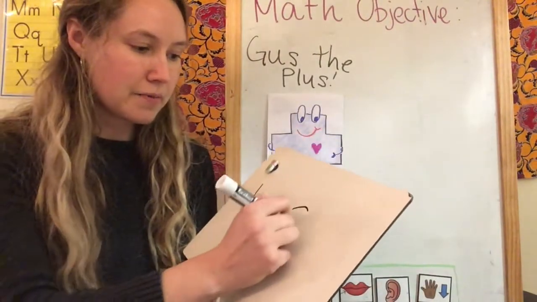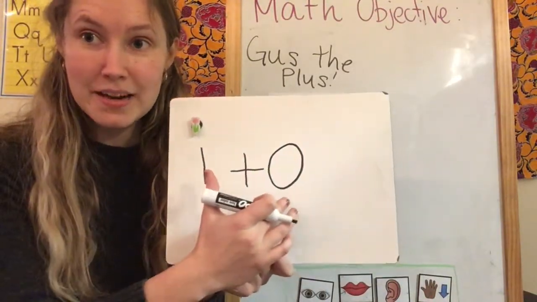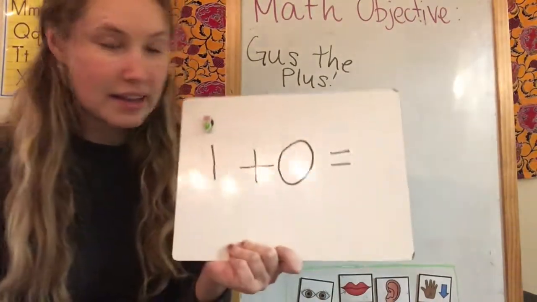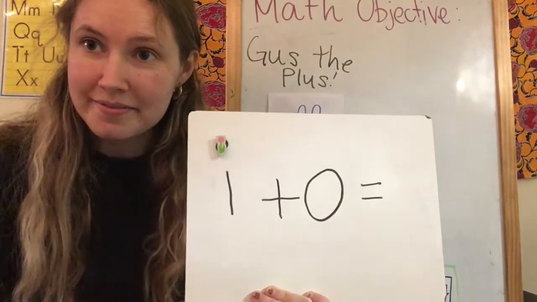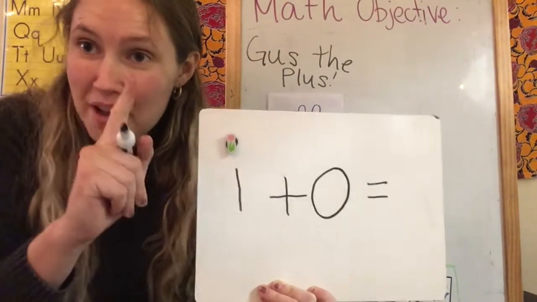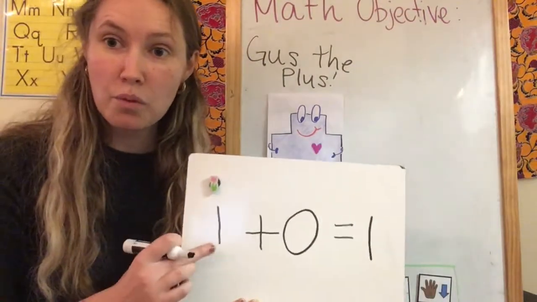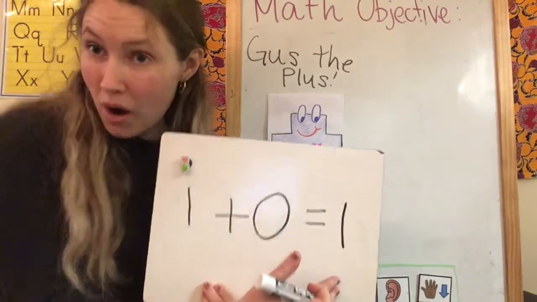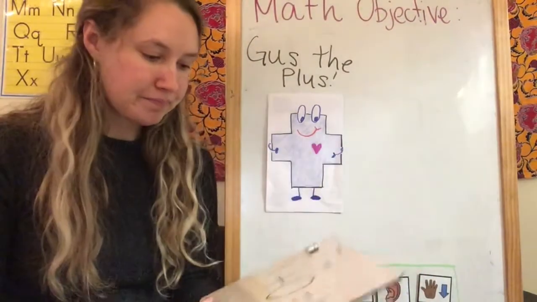So I'm going to write a 0. So I have 1 plus 0. And then we put our equal sign. And how many do we have altogether? Just one flower. So Gus helped us to show 1 plus 0 equals 1. Just 1.